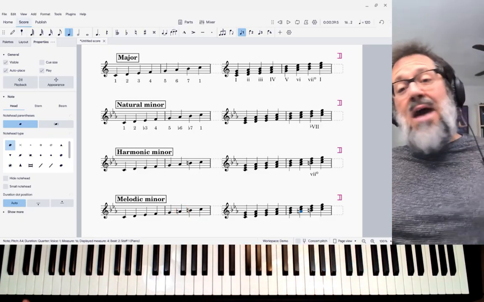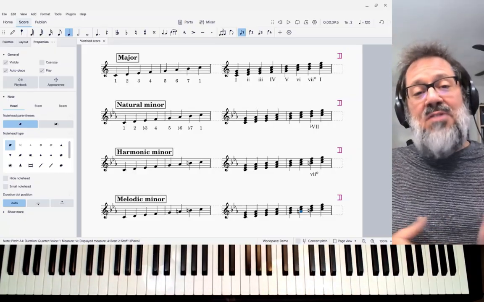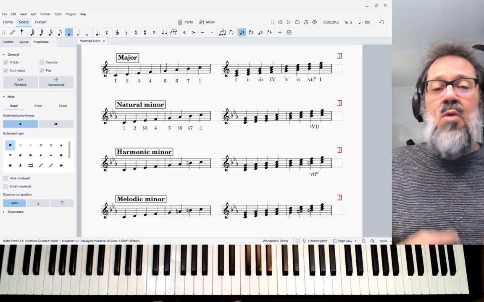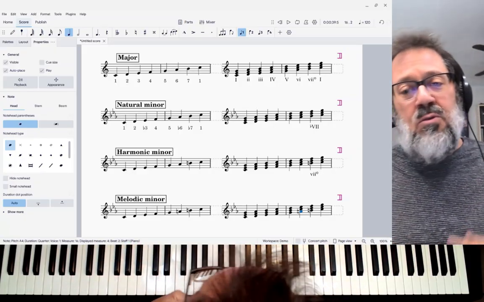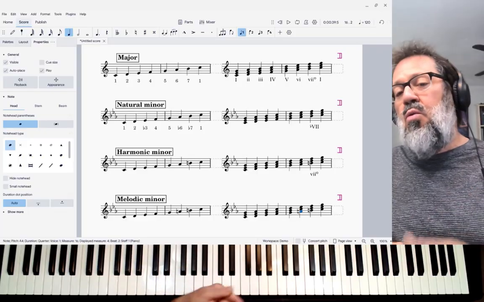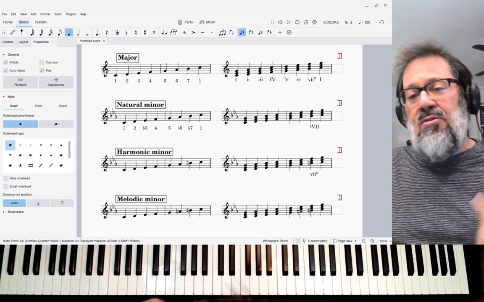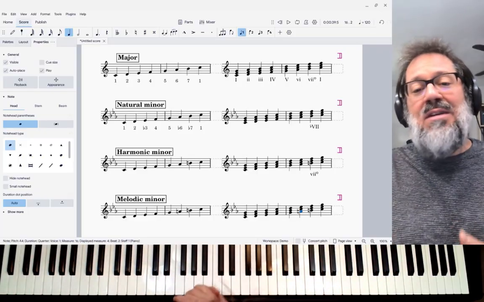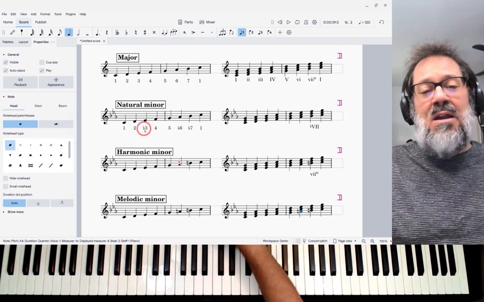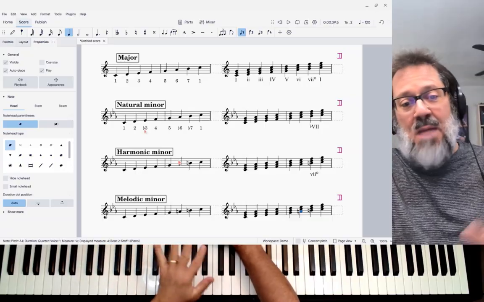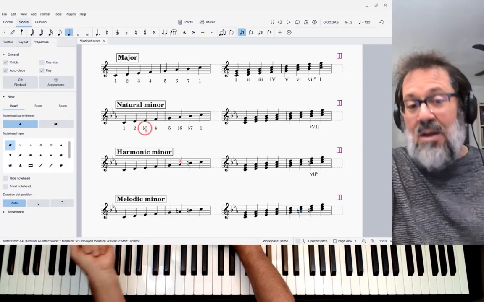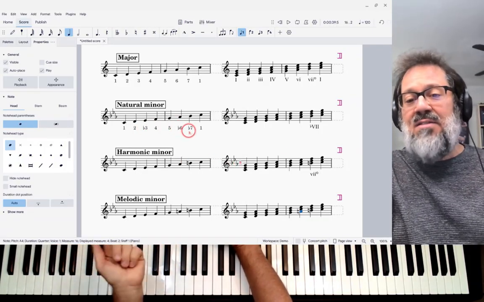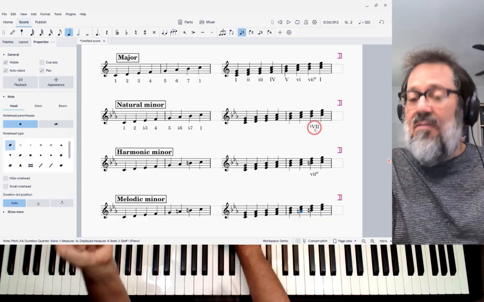I'm not saying you have to use this system yourself, but I am saying that if you want to talk about scale degrees or Roman numeral analysis, you want to know which of these two systems people are using. At least in my own teaching, this is the system I have been using for many, many years. I'm going to talk about scale degree flat 3, flat 6, flat 7.